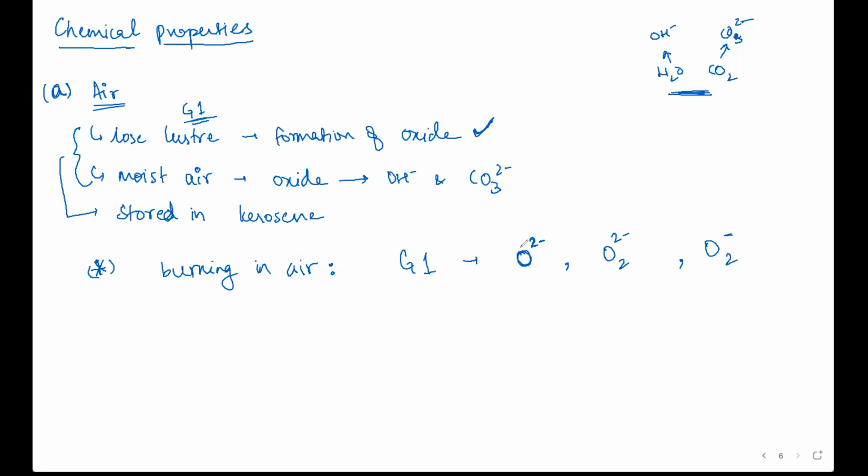So group 1 forms all 3 compounds. Group 2 does not form peroxides and superoxides, they only form oxides and nitrides. So these are oxides, these are peroxides, and these are superoxides.